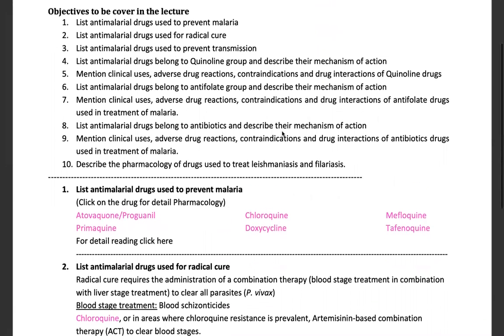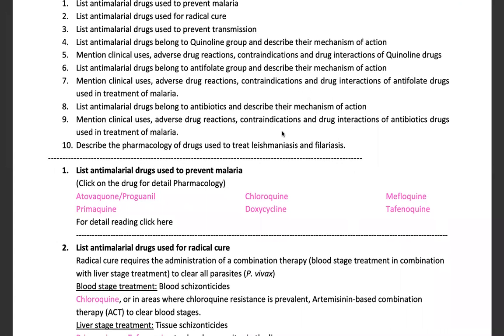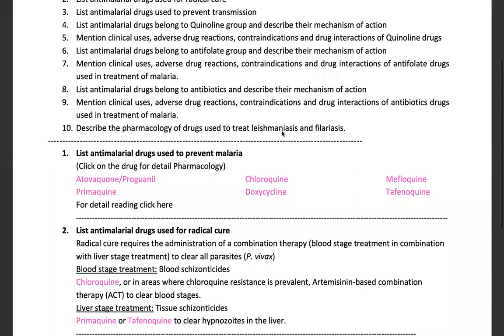The first objective is to list the anti-malarial drugs used to prevent malaria. How can we prevent malaria? For prevention purposes, for prophylaxis, we can use these six drugs generally recommended by the Centers for Disease Control.